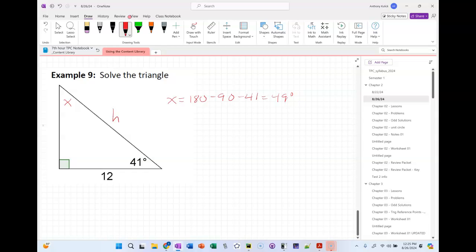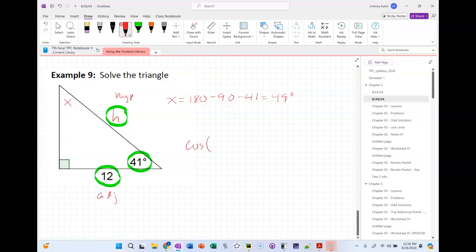Let's find the hypotenuse next. I'm going to call that h for hypotenuse. So I'm going to use this 41 degree angle, the other side I know, and h. Which trig function do I need to use here? Cosine, because this side is the adjacent and this is the hypotenuse.